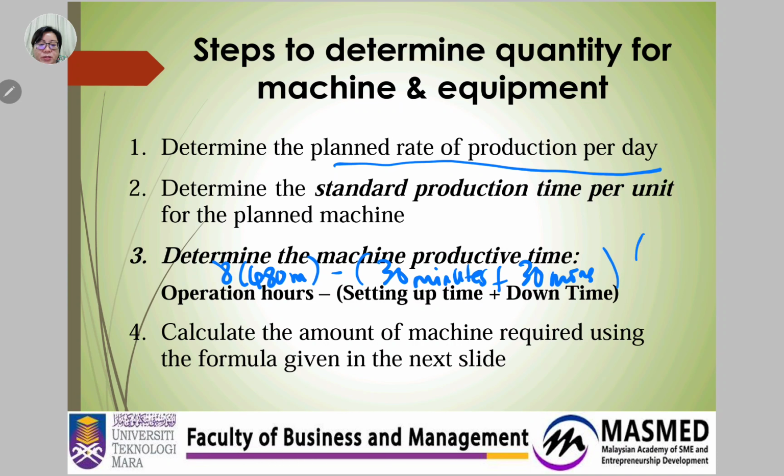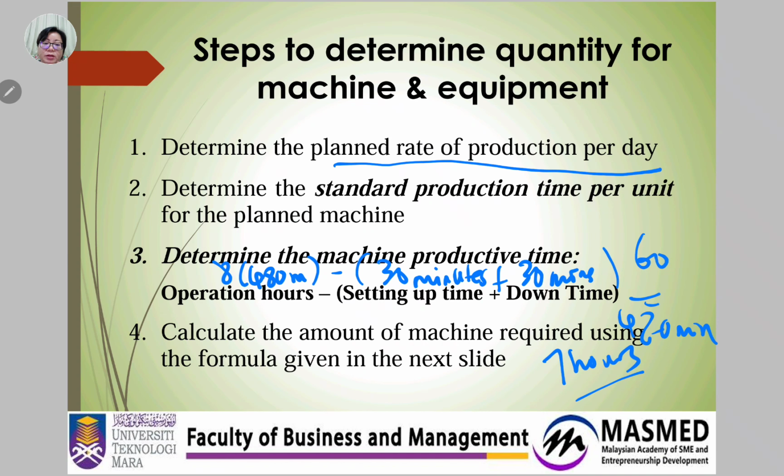So in total it will be 60 minutes. 480 minutes minus 60 minutes, you'll get 420 minutes. If you were to convert it back to hours, it will be 7 hours of productive time of your oven. The productive time for you to produce would be 7 hours.